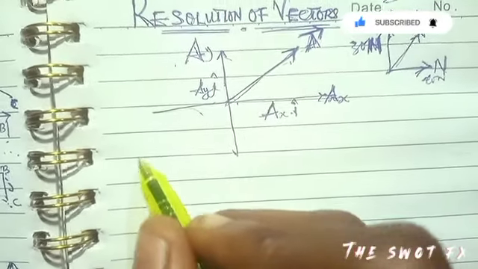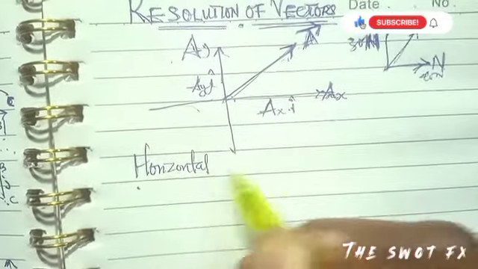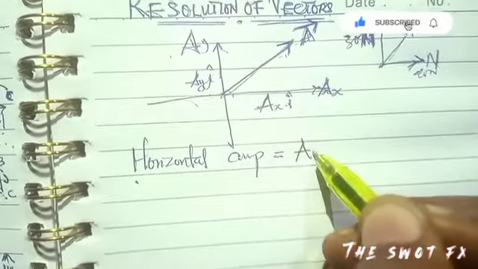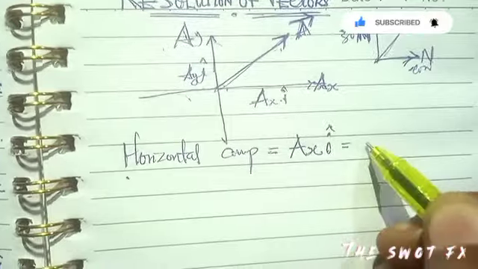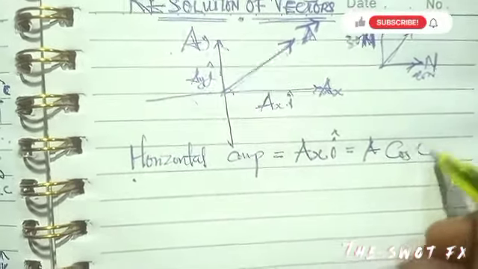The horizontal component is i, which gives us A cos theta.